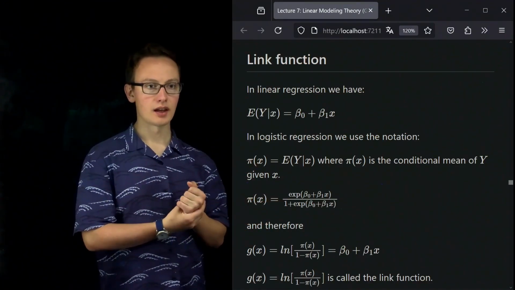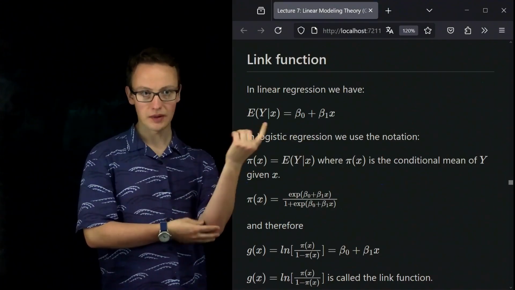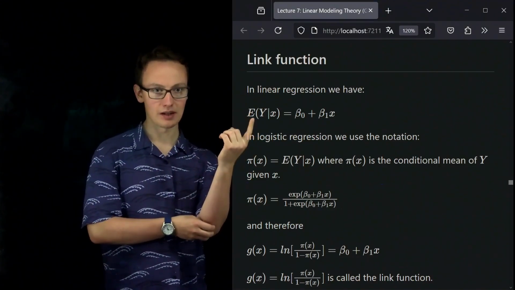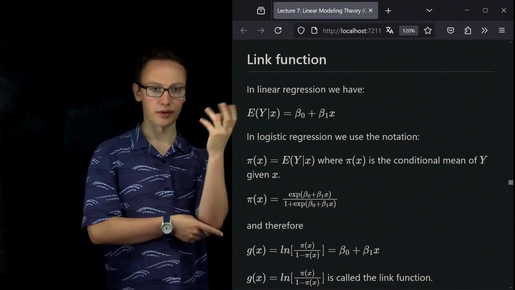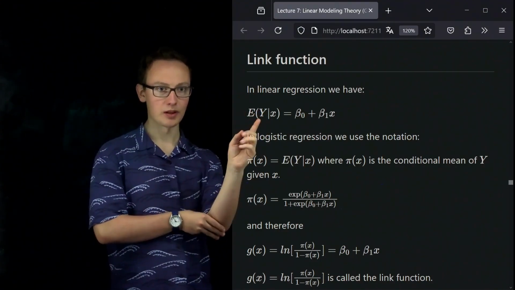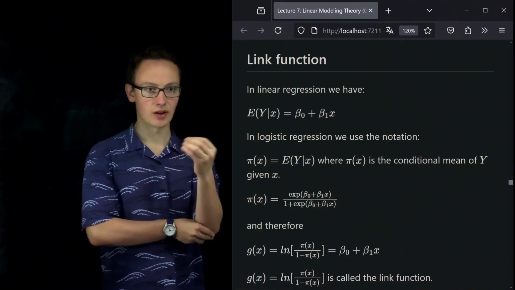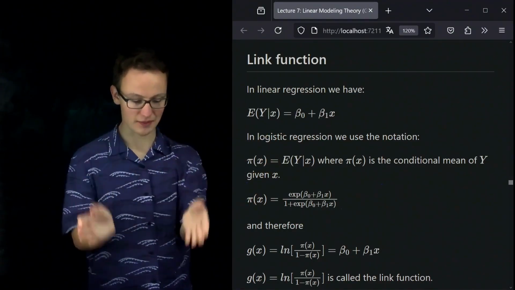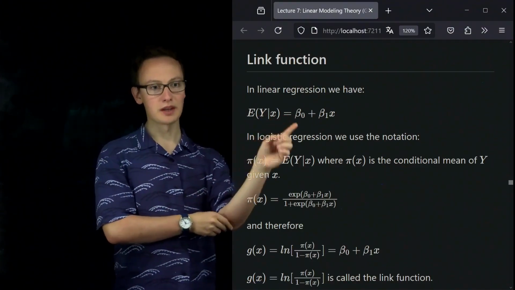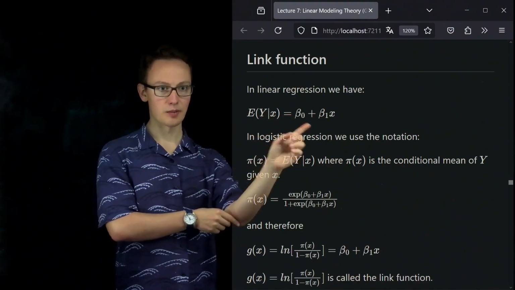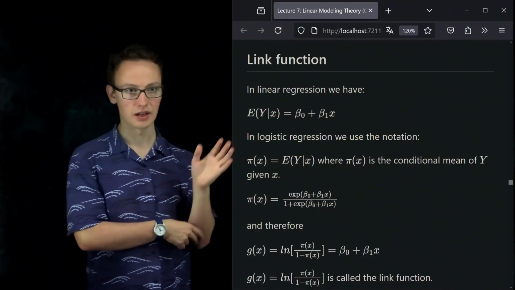What we could write for linear regression is that the expected value E of our random variable y, if we think of our outcome data as a random variable, given x, conditional on having some specific predictor data available, will be equal to beta 0 plus beta 1 times x for a simple linear regression.